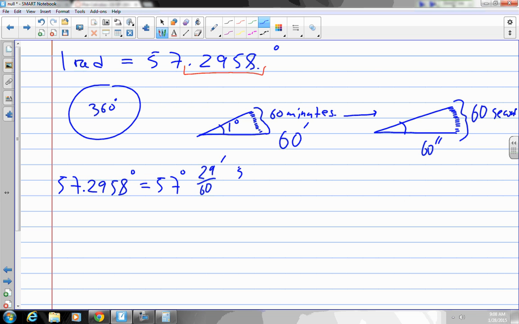No, no, no, that's not how I want it. I don't want to divide it. I want to convert 0.29 degrees into minutes. You just multiply, right? So it's 0.29 times 60.